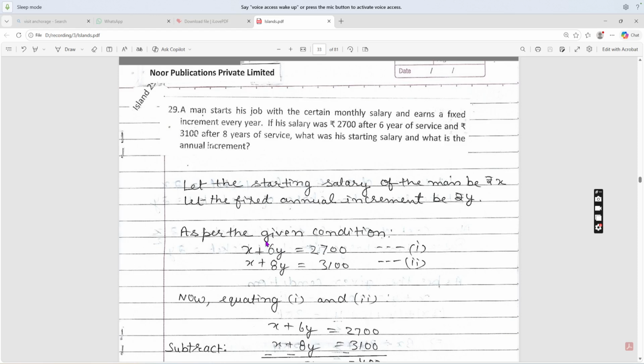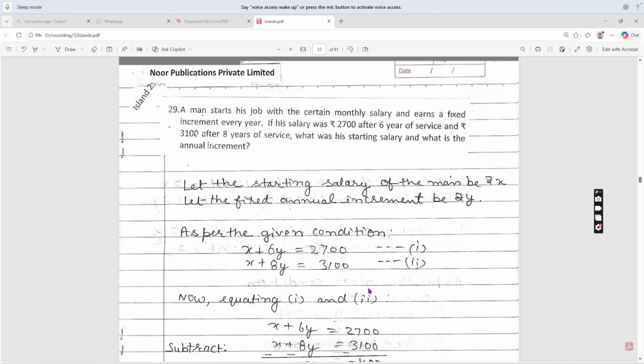So, total increment would be 6 into Y in the first condition, and the total salary would be the basic salary plus increment, and the basic salary is X and the increment is 6Y in the first case, and the person is receiving 2700. In the next case, the increment is 8 into Y, which is a total increment, and the basic salary is X. So it would be X plus 8Y, which is equal to 3100.